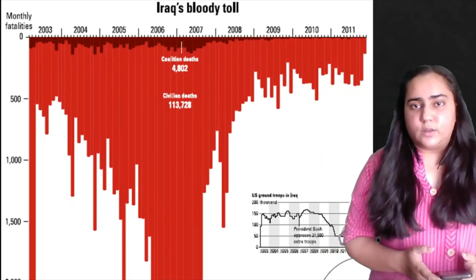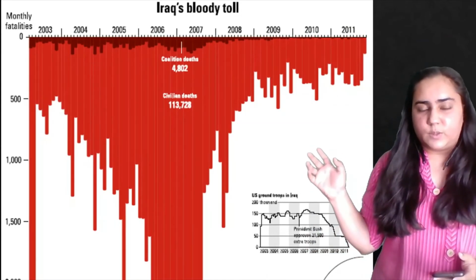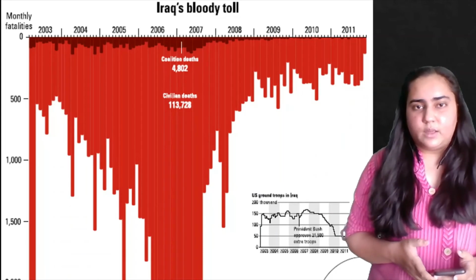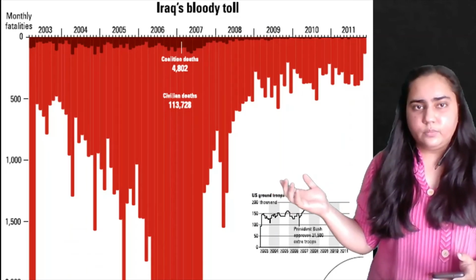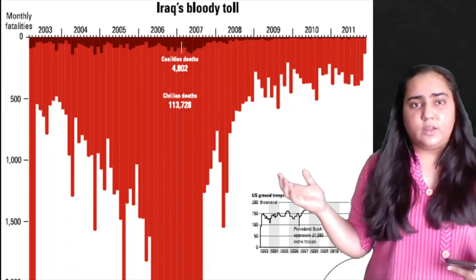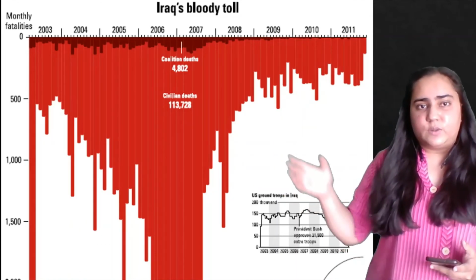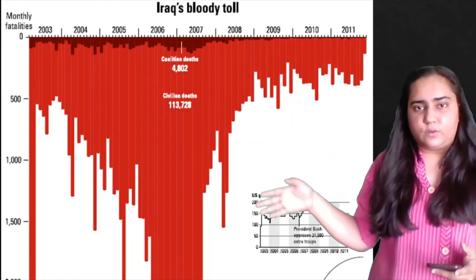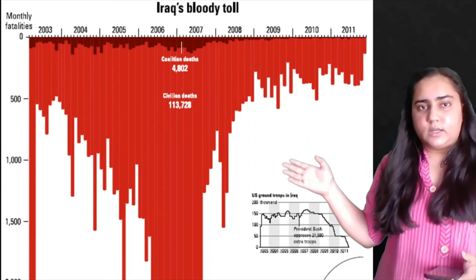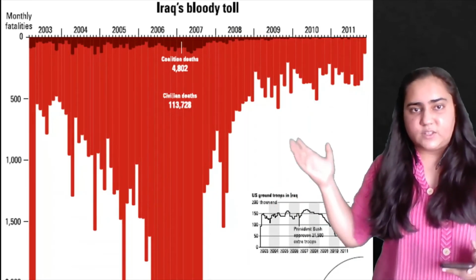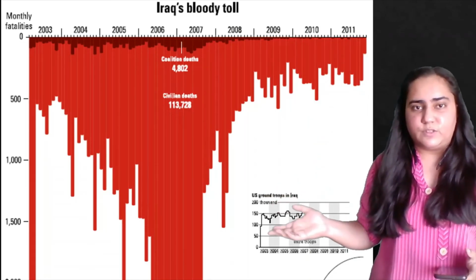You can see Iraq's bloody toll. That's what the graph says. Okay. So how many people got killed, or how many monthly fatalities were there. So you can see monthly fatalities are given right on the y-axis, and you can see all the numbers there, 0, 500, 1000, 1500.